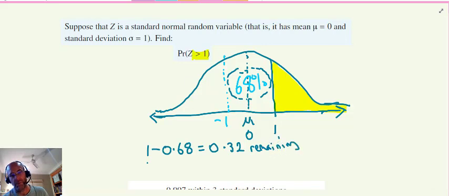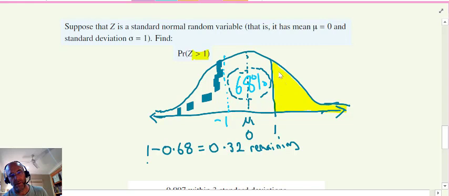So that would be all the remaining stuff outside, and I don't want to colour that bit in really, but we're only looking at greater than 1, so really we're only looking at this half of the 32% remaining, or the 0.32.